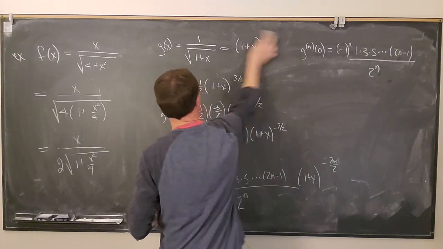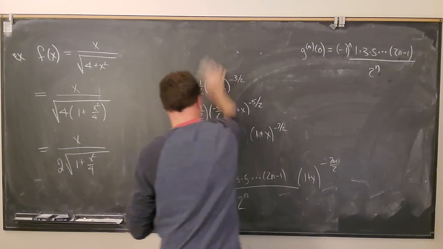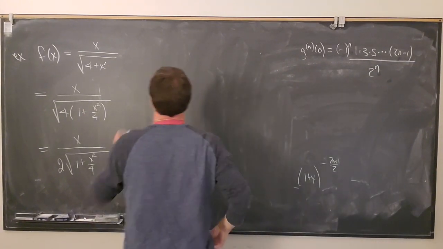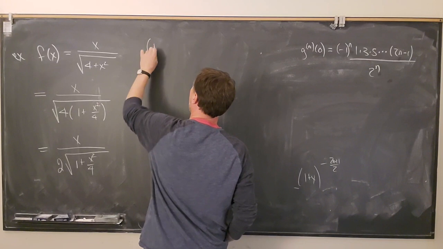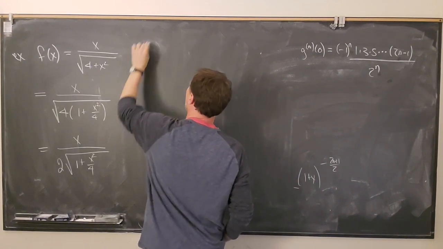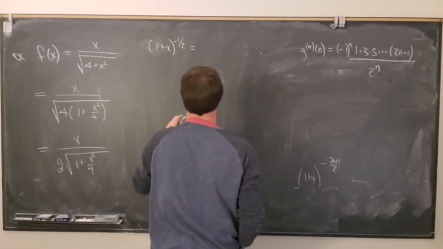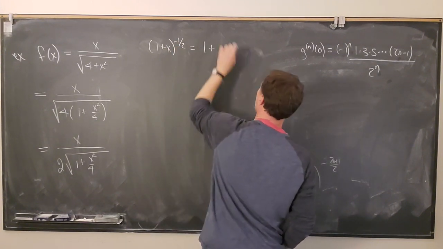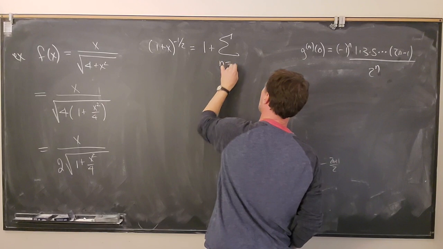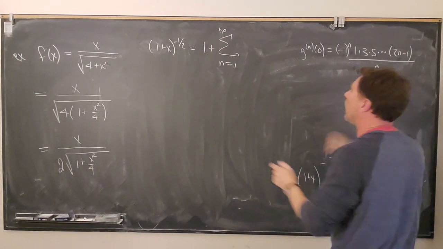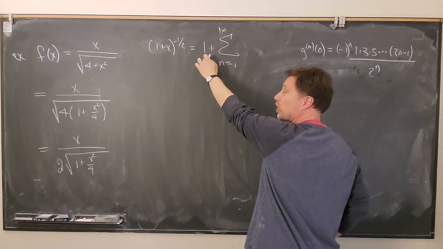So what we have then, I'm going to be a little bit careful here. 1 plus x raised to the minus 1 half is equal to 1 plus the sum n equals 1 to infinity, right? My formula for the derivative kicks in when n equals 1, so I got to put the 0th term out front here.